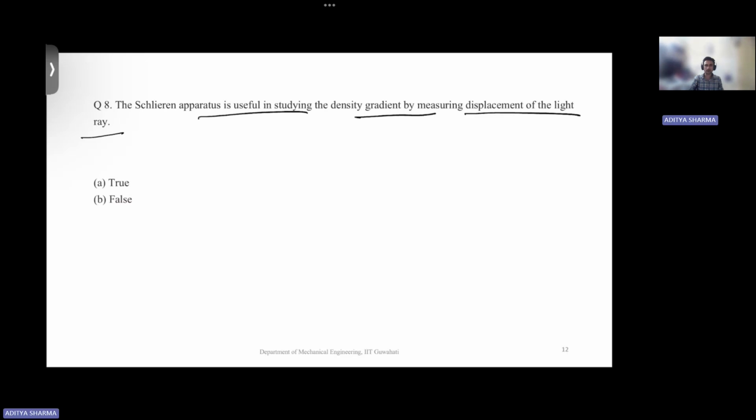So whether this is right or wrong. Schlieren basically works on your deflection angle, not displacement. In that case, this comes out to be a false statement.